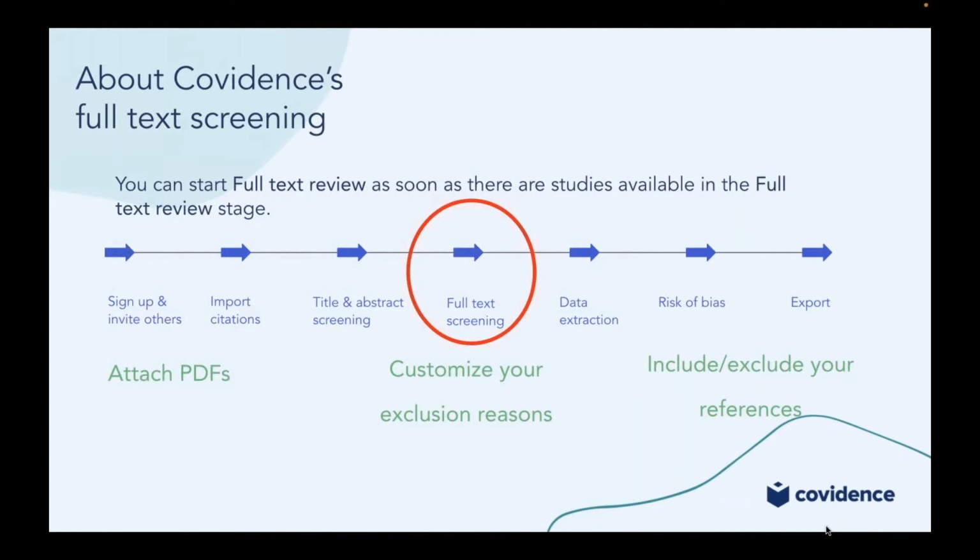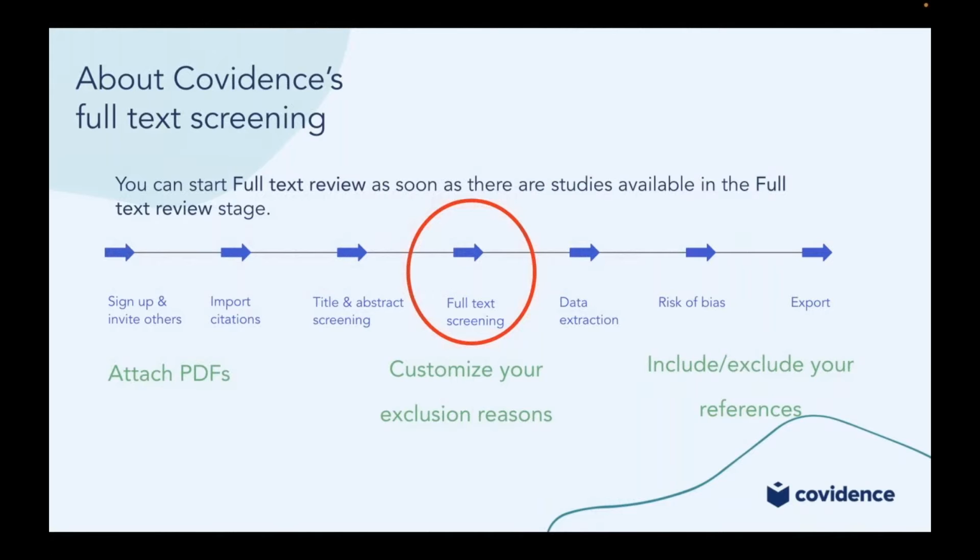So I'm just going to provide a little bit of contextual information about Covidence for anyone who's here that's not already used the platform. Covidence is a not-for-profit organisation, created by and for the research community, and is designed to streamline the review process. Our software allows you to invite co-reviewers and manage and have oversight of the review process.